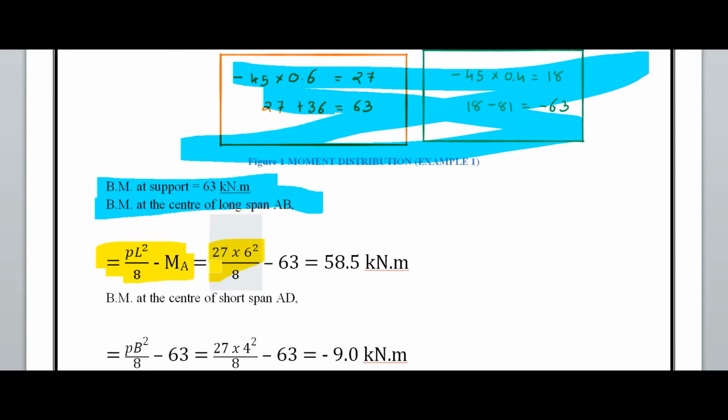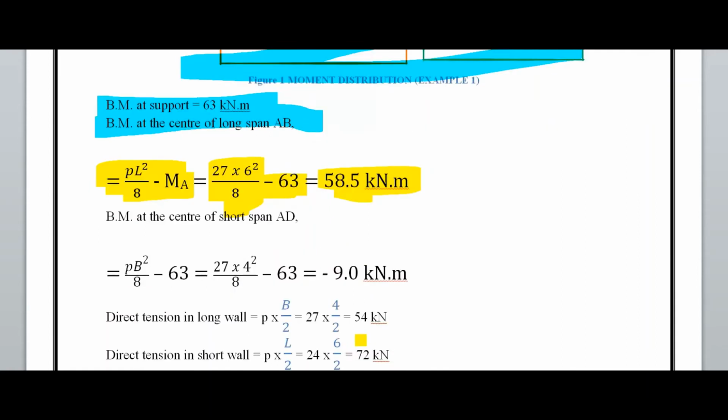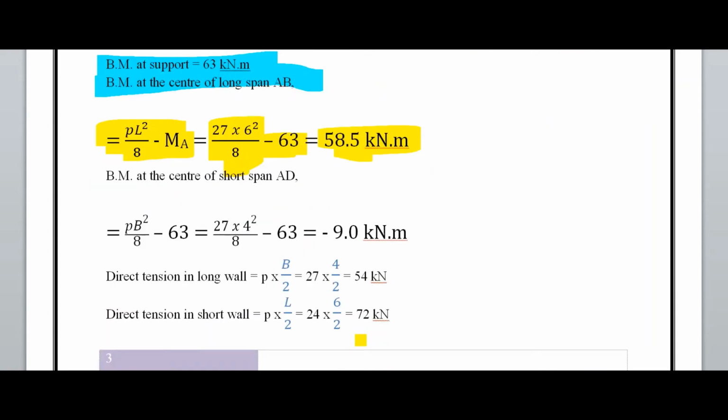So 27 into 6, minus 63, gives 58.5 kilonewton meter. The bending moment at the center of the short span is PB square by 8 minus 63, so 9 kilonewton meter.